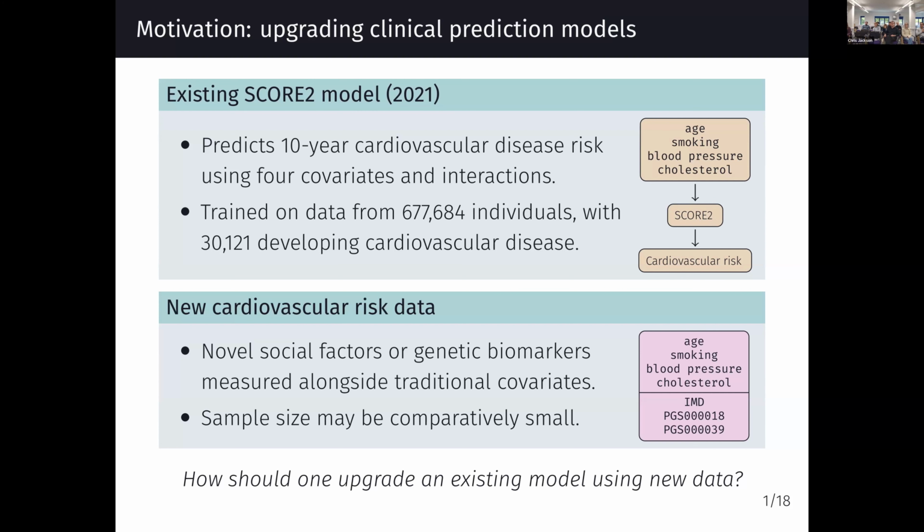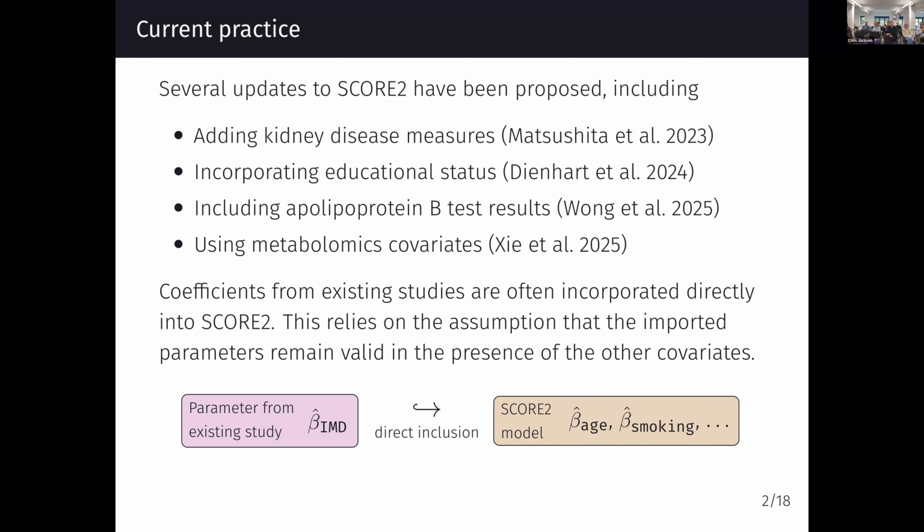Social status, such as educational status, can be quite predictive, as well as a few other test results that have been published very recently in order to improve this type of estimation. The way this is often done is in a relatively straightforward manner, where an external study is done to try and estimate the parameter of interest, say, associated with a new covariate. And then that new covariate is plugged directly into the SCORE2 model.